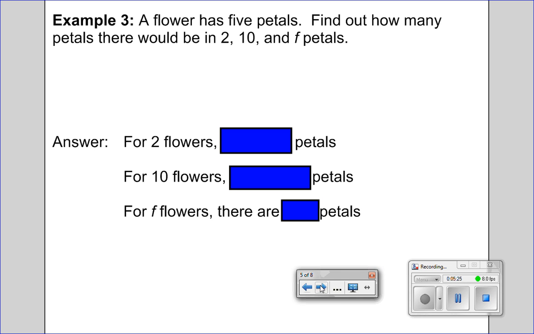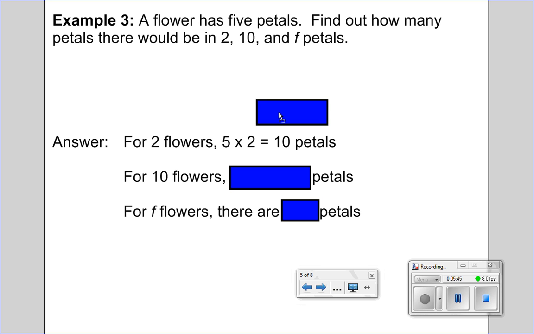Okay, time for something different. A flower has 5 petals. Find out how many petals there would be in 2, 10, and F flowers. Okay, so for 2 flowers, you think, well, 2 times 5, that equals 10 petals.